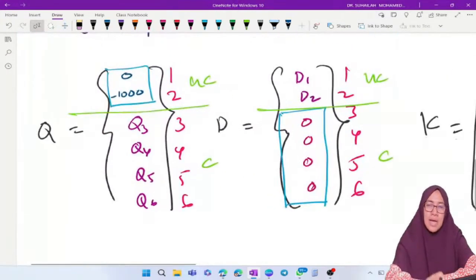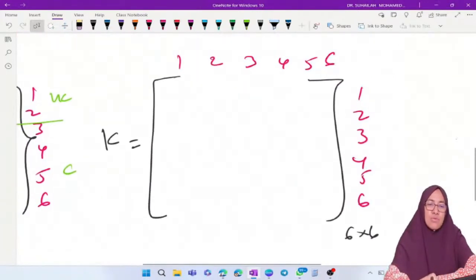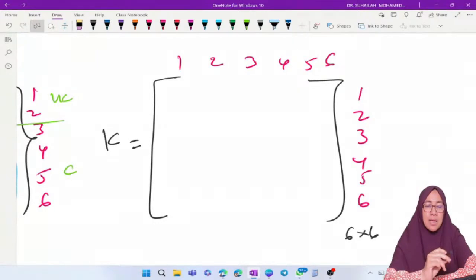Like this. Now we want to focus on K. Capital K represents the structure stiffness matrix. It is a 6 by 6 matrix because of degree of freedom. There are 3 nodes, equal to 6 degrees of freedom.